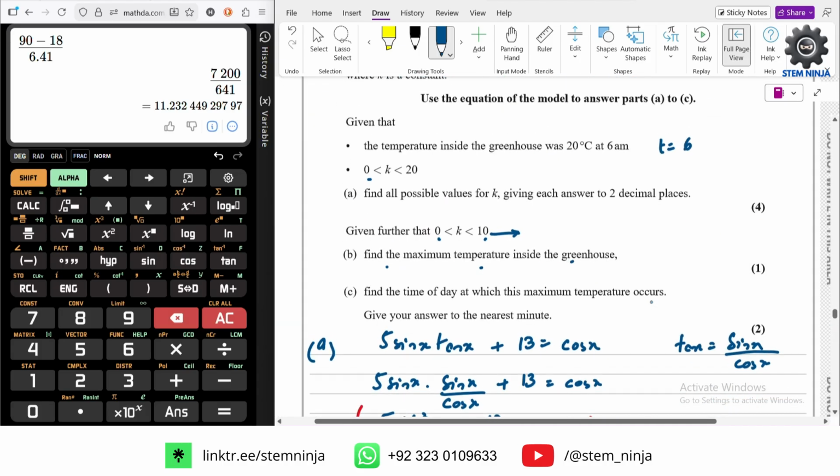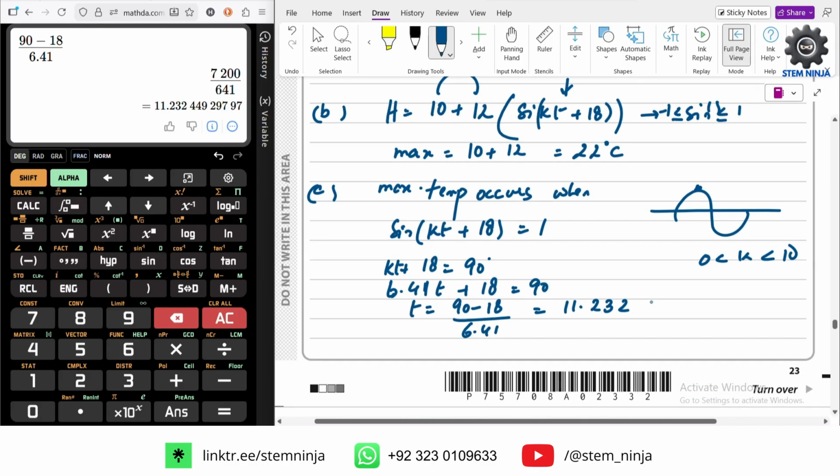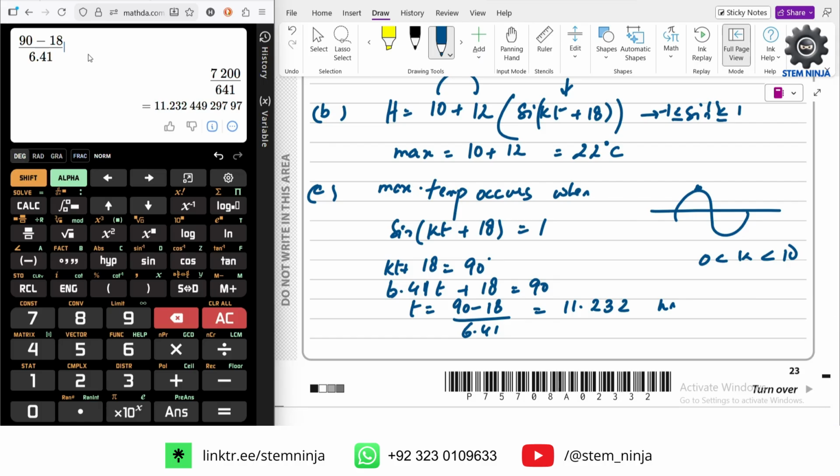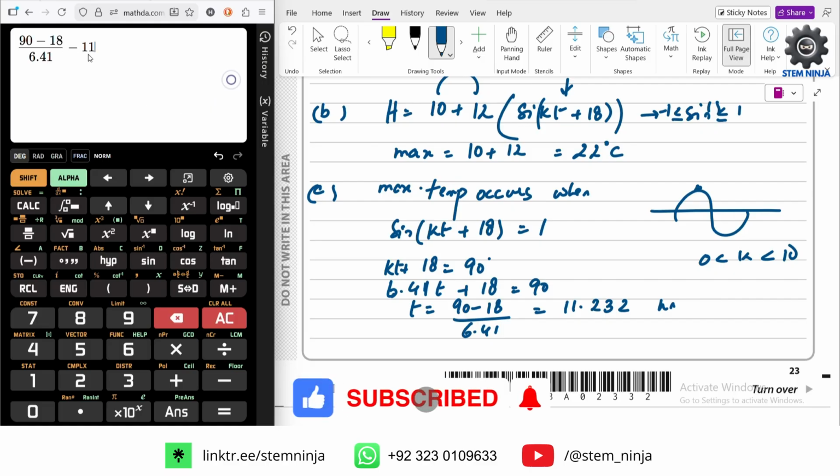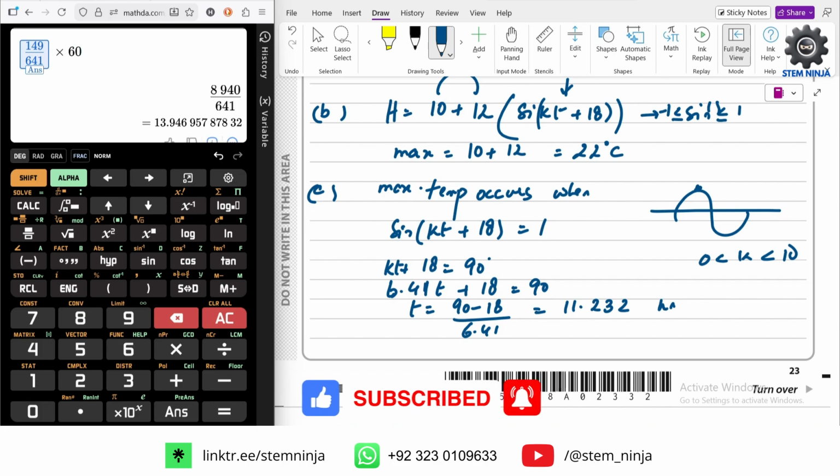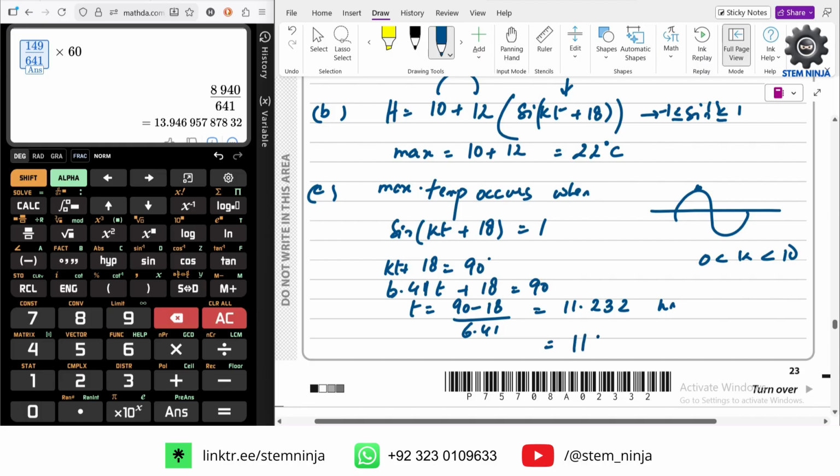Which can be written to the nearest minute. This is the hour, right? So we multiply by, wait a second, sorry, when you do this minus 11, this times 60, you get 11 hours and let's say 14 minutes.